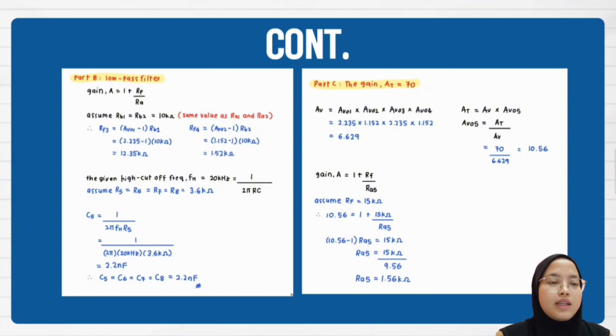Then next we move to the last part of this manual calculation, which is part C, where we know the gain value given is equal to 70.